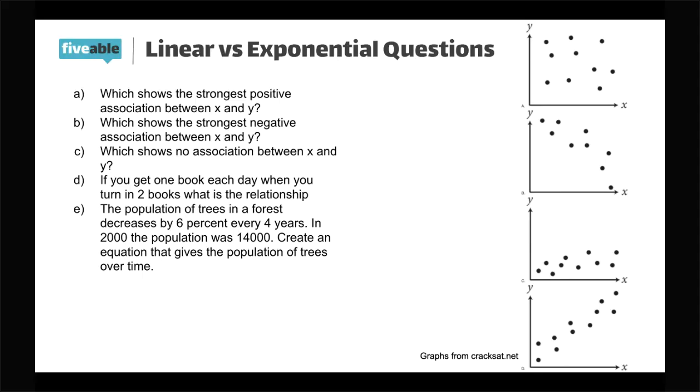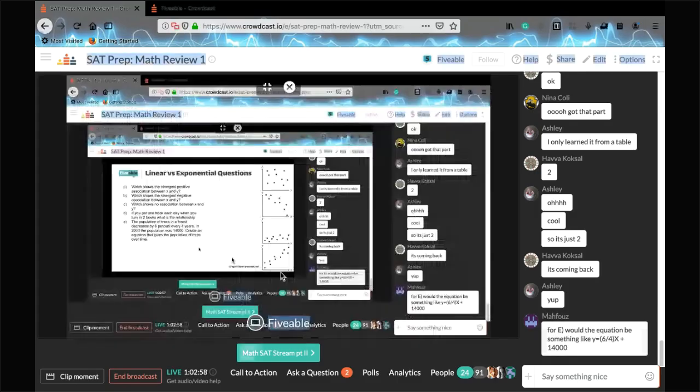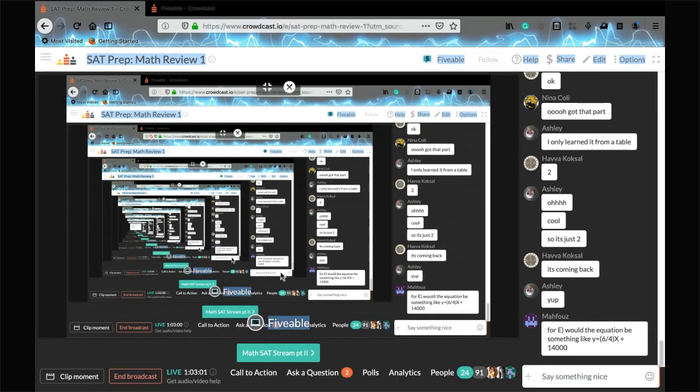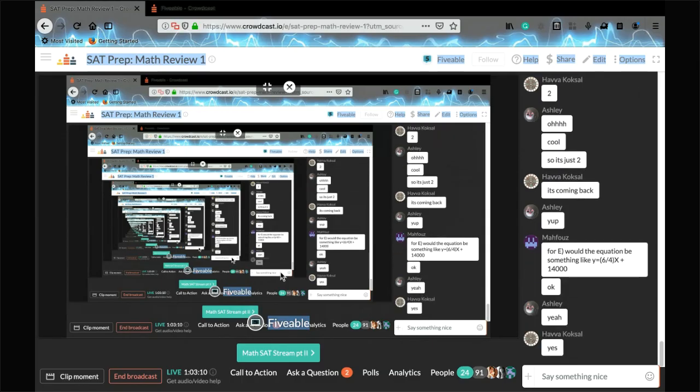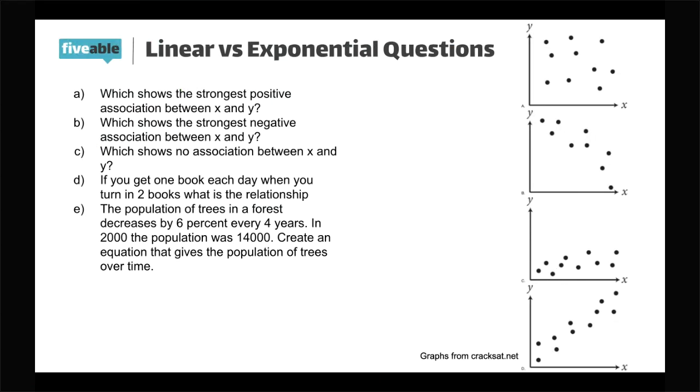All right, so does everyone understand how to do A? For E, with the question being some, I'll get into that. Everyone got A? All right. So I'll just go over it, pretty simple. With strongest positive correlation, this will go over A, B, C, D. All right, so we go here.